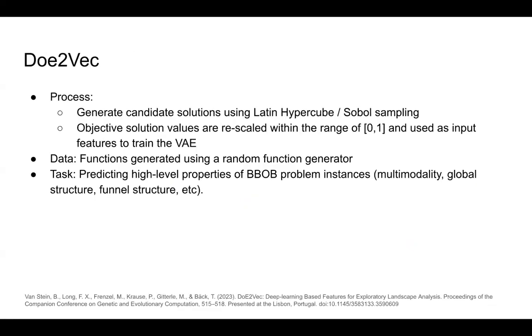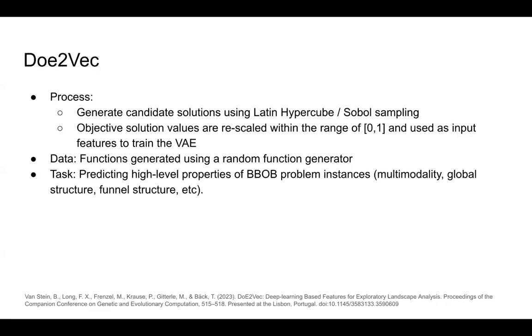And then there are also features that are based on autoencoders. So again, the way this works is you generate candidate solutions using some sampling technique, and then you take the objective function values. So we have a single vector. You scale this and you input it into a variational autoencoder to learn a representation for each function.